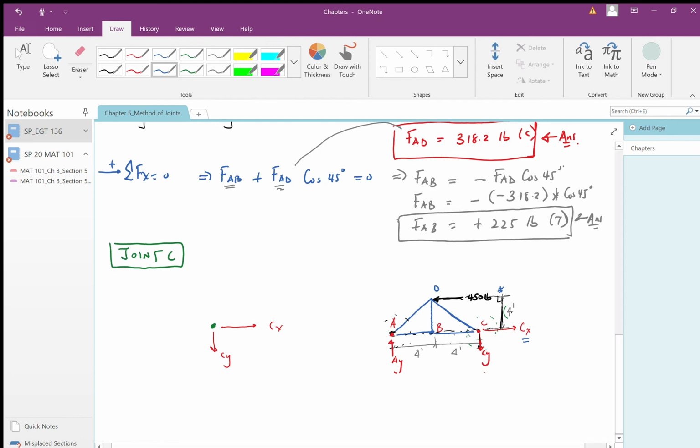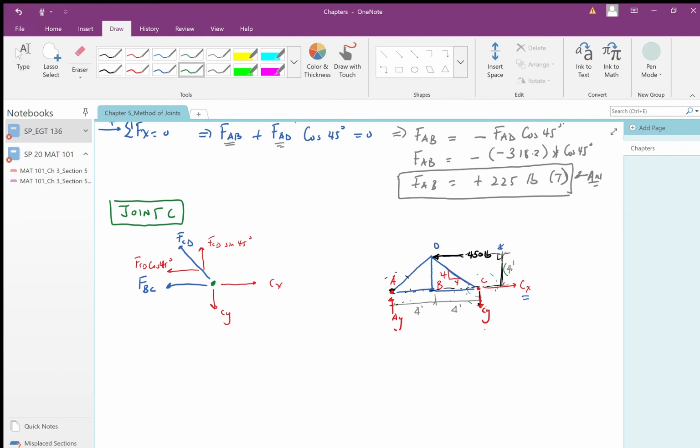I have FCD, and I have FBC. And for CD, I have a force FCD sine 45 degrees, FCD cosine 45 degrees. Again, because this is going to be 4, this is going to be 4, it's an isosceles triangle in terms of their length.